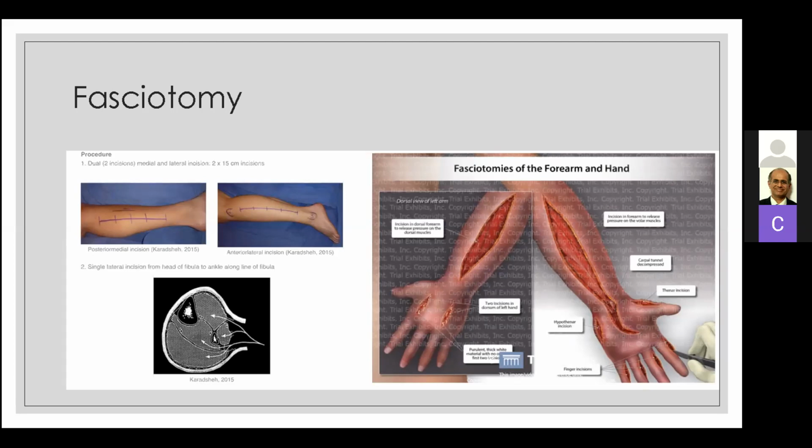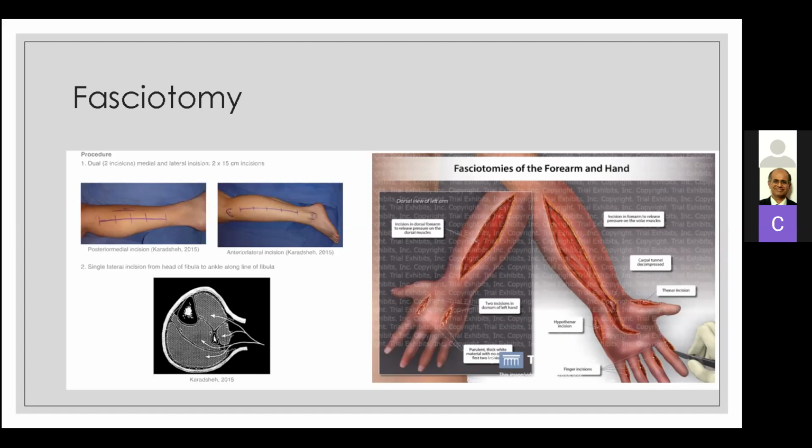The picture on the right shows fasciotomies of the forearm and the hand. With the hand, the one that is described for the palm, the incision is a lazy S incision. It starts above the antecubital fossa, and basically you go down.